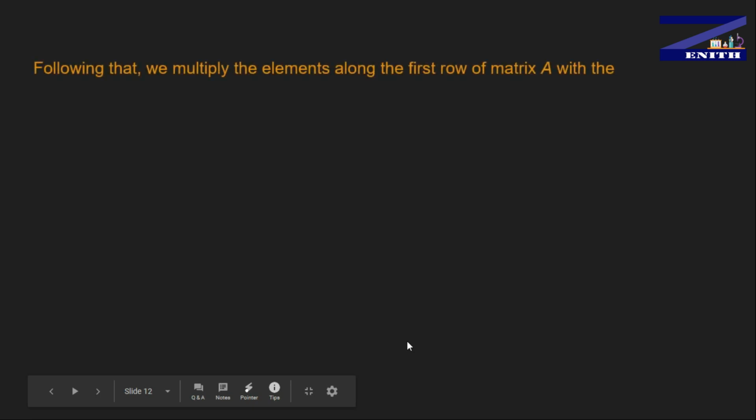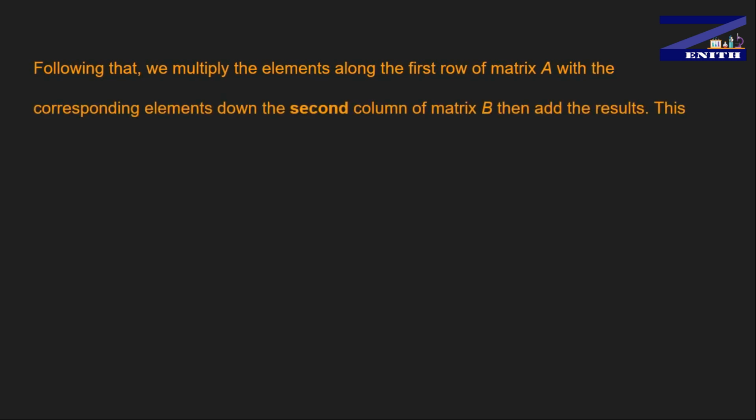Now what we have to do, just see the following, we multiply the elements along the first row of matrix A with the corresponding elements down the second column of matrix B. The same thing we did with the first row and first column, now we will do with the first row and second column, and after that we will add them.